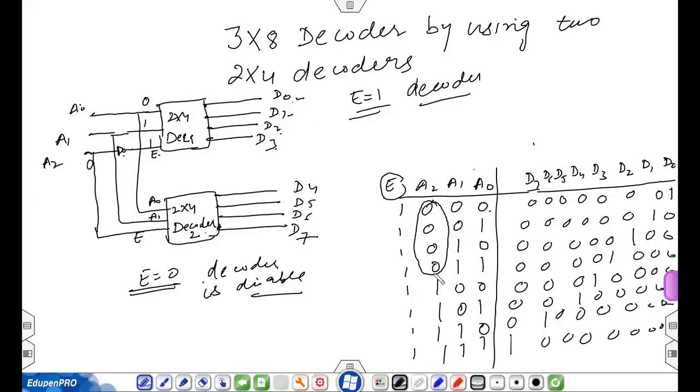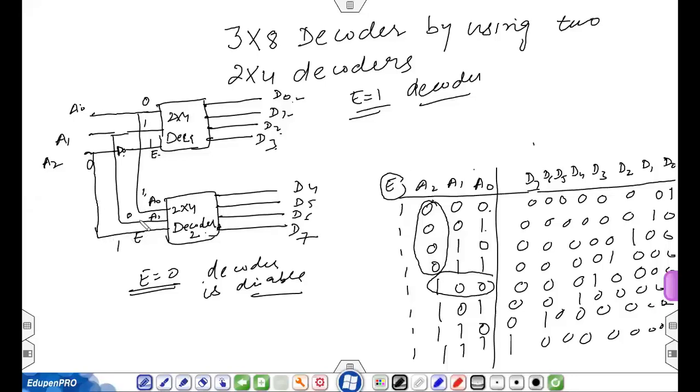for example, we have the 1 0 0 input. So this is 1, this is 0, then again you have 1. You have to write in this order. Like your input is, this is your 1, this is your 1, this is your 0, and this may be enable A2. A2 is your 1.